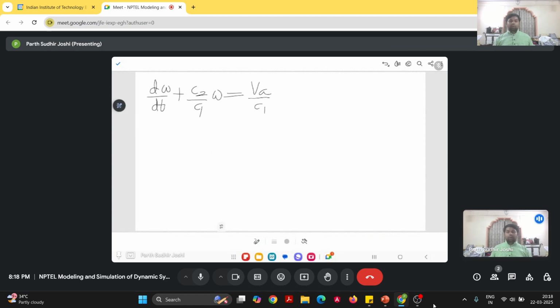So now how do we solve this first order differential equation? This is a linear first order differential equation. So for this we need to multiply by the integrating factor. So what will be the integrating factor? It will be e to the power C2 by C1 t.